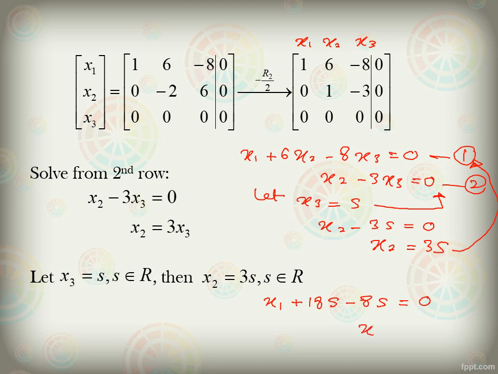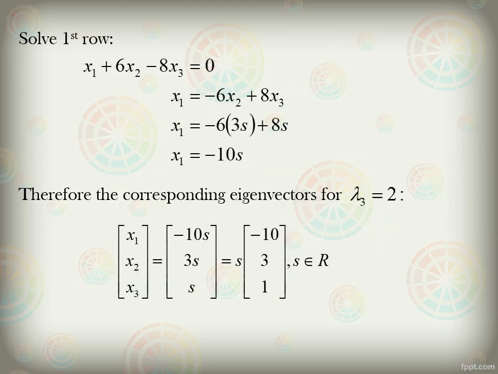So your x1 is equal to minus 10s. Right? And rewrite that into a vector. You have this vector, which is the eigenvector for the third lambda. Now you have completed all the eigenvalues and the eigenvectors for your system. So you're done with that.